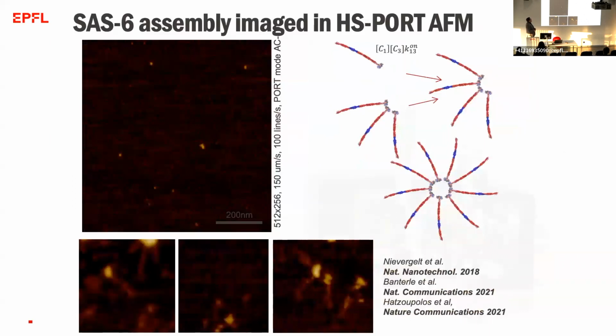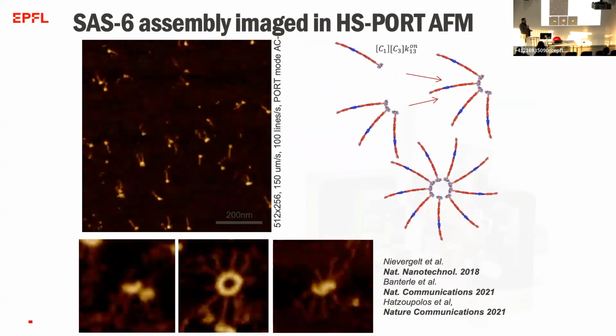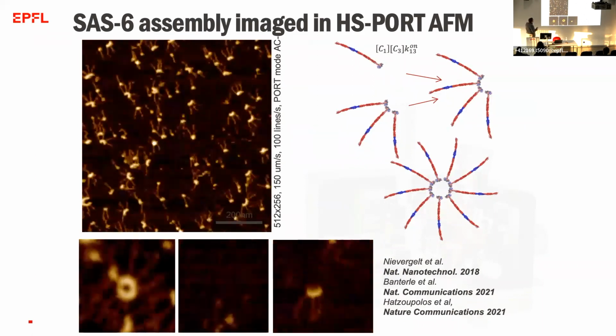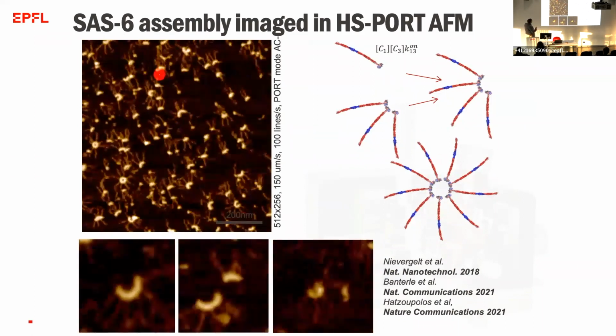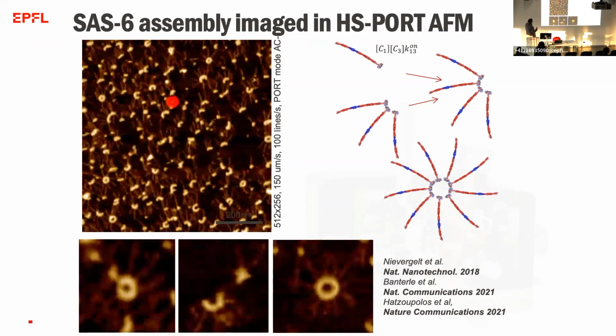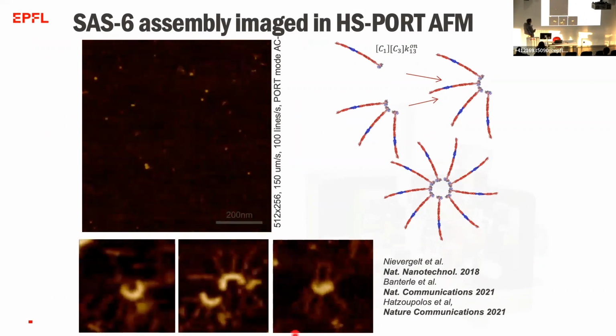And so together with Pierre, one of my students was looking at this, and he used this technique to really resolve the imaging, resolve the assembly process on a single molecule level. So here you see these little wigglies that look a little bit like spermies. They come in and they self-assemble into this ring structure.